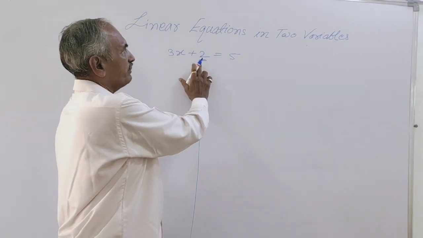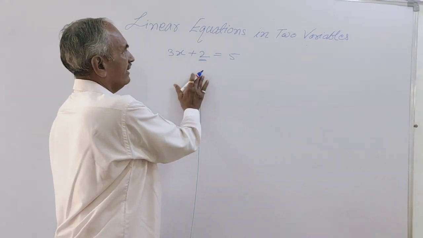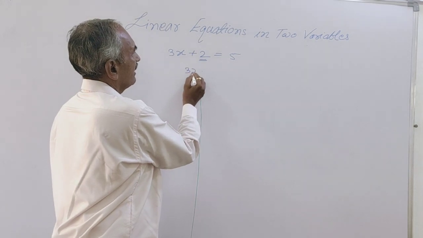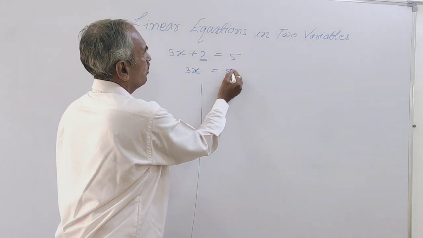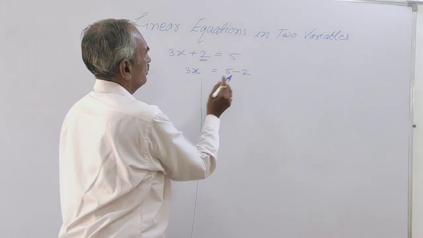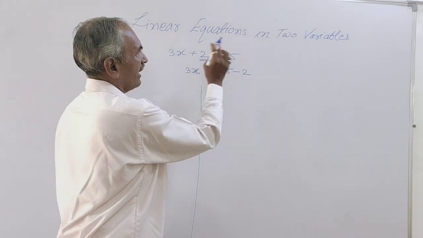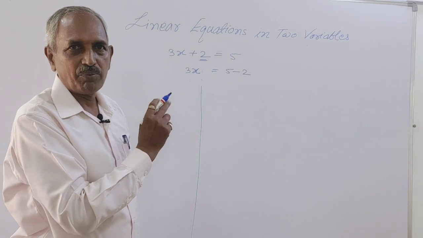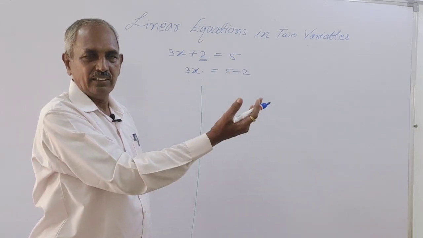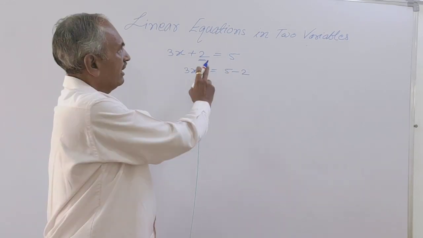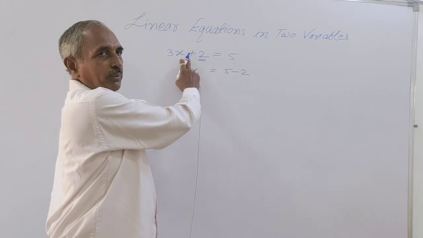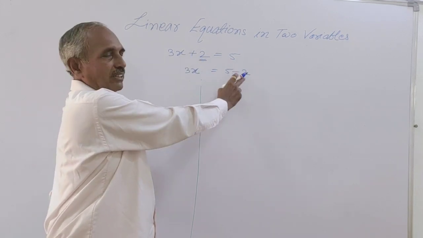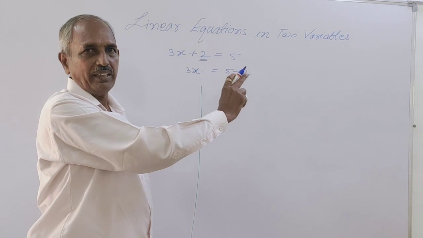So I am transferring this 2 to the right hand side as 3x is equal to 5 minus 2. When I am transferring any term from left hand side to right hand side, its sign is changed. Here 2 was plus. When it is transferred to right hand side, it becomes minus.